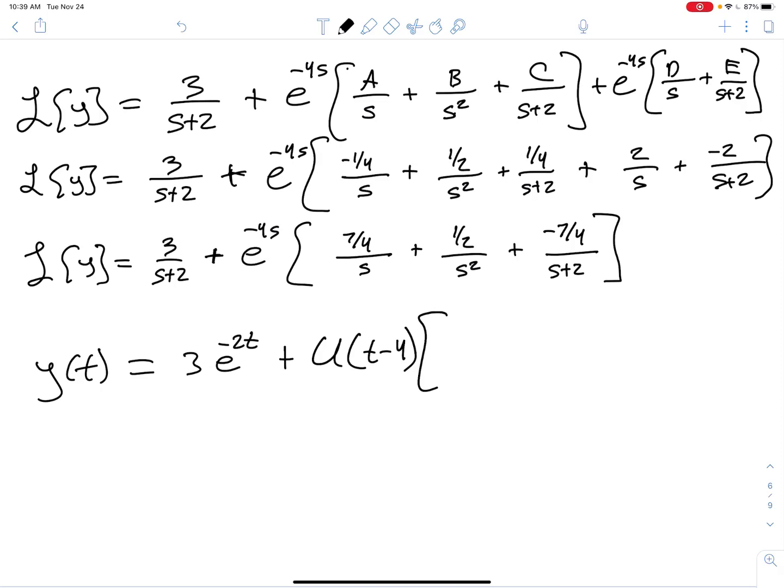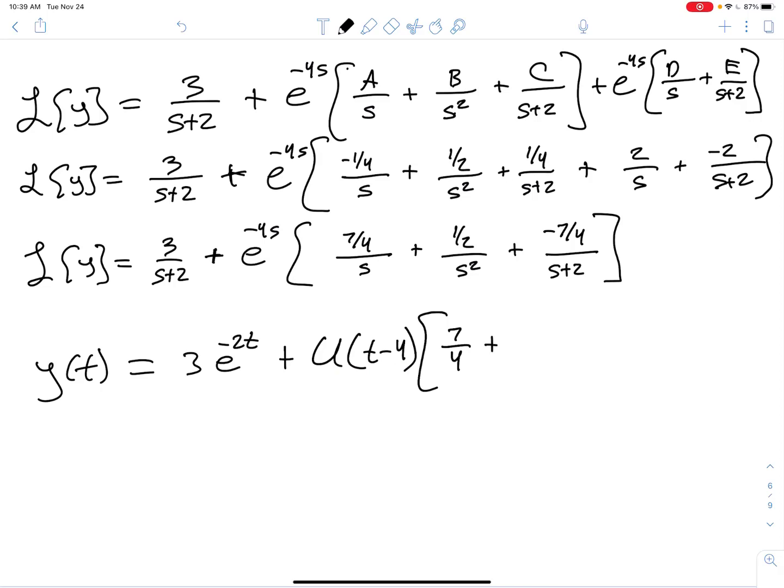So 7/4 over s, that's a constant. That's coming from 1 over s, so that's just really the 7/4 function. And now that should be shifted, but when you shift a constant, nothing really happens. So it's just 7/4. But of course, it is turned on starting at 4 units.